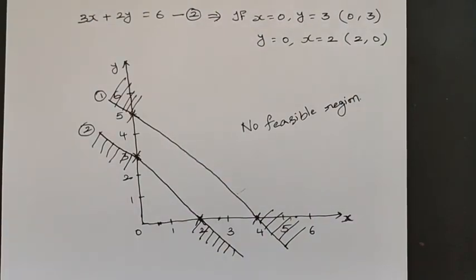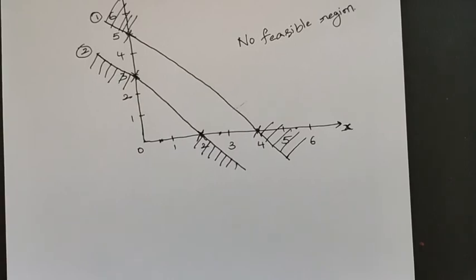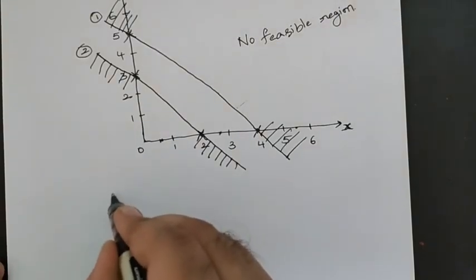So if there is no feasible region, common feasible region, then we will say that for this type of problem there is no feasible solution.